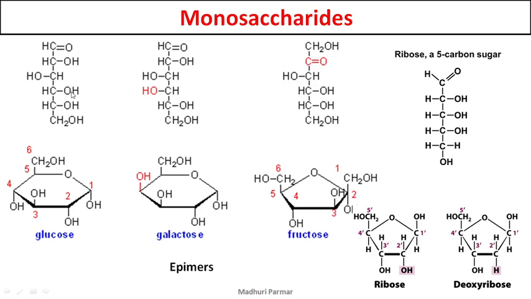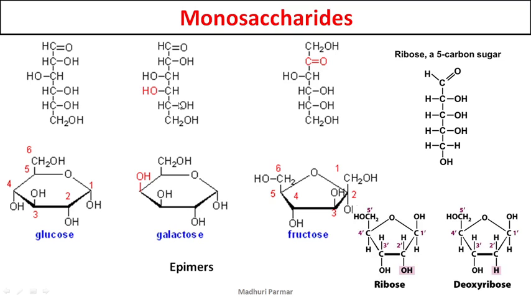You can see here on the fourth carbon, OH is on the right hand side in case of glucose, while it will be on the left hand side in case of galactose. That is the only difference, and such isomers are called epimers. Clear? So glucose and galactose are epimers of each other. They are different only at carbon number 4.